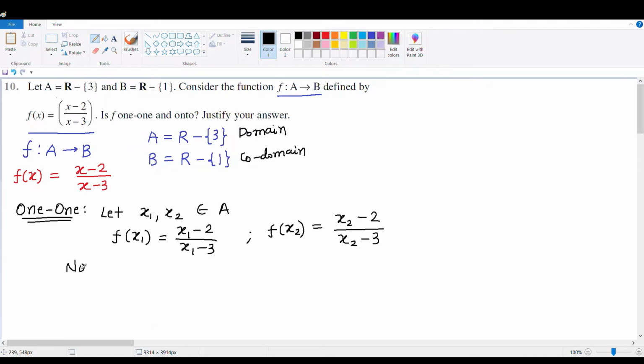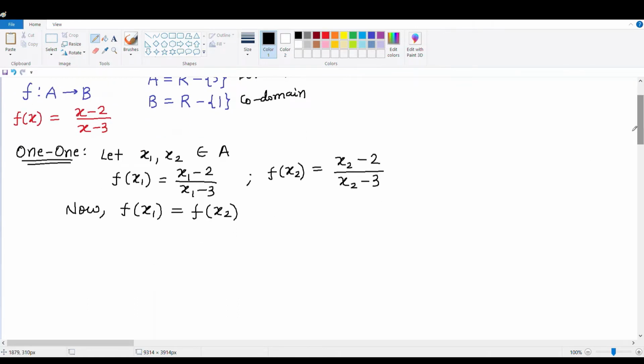Now we assume that the output of both these inputs are the same. So when you input x1, when you input x2, let's say they both are the same. So this and this must be the same: (x1 - 2)/(x1 - 3) = (x2 - 2)/(x2 - 3).